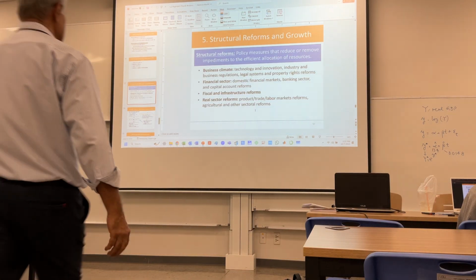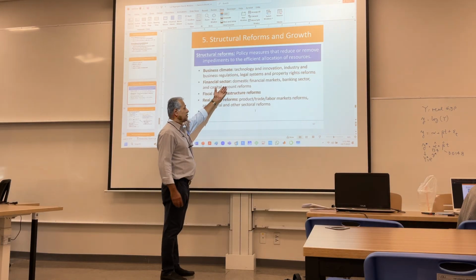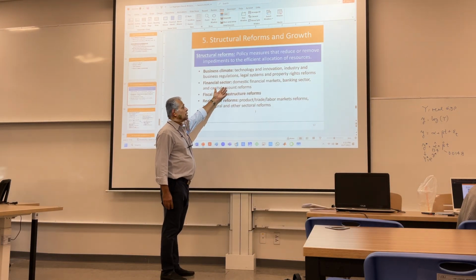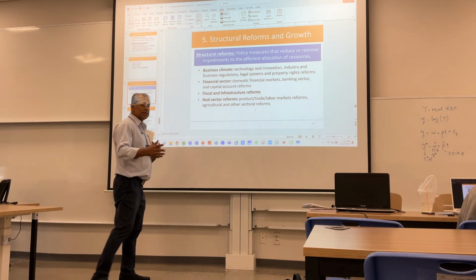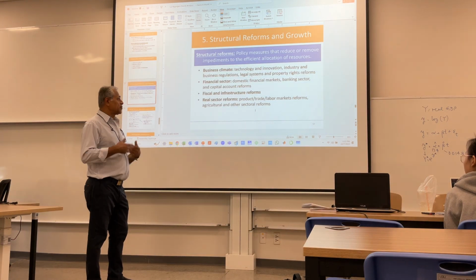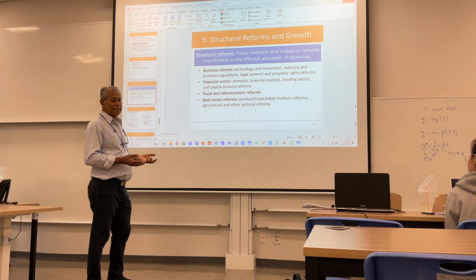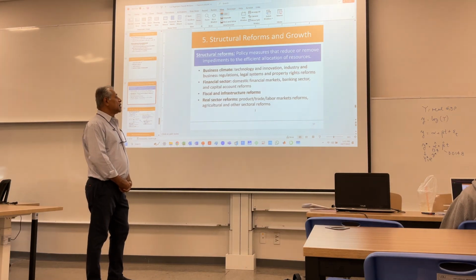And once again, these are the kind of factors we've already discussed. If you have efficient financial markets, financial intermediation between savers and investors is easier, the cost of borrowing is lower, and therefore investment can be higher. And higher investment over the long term generates higher growth.